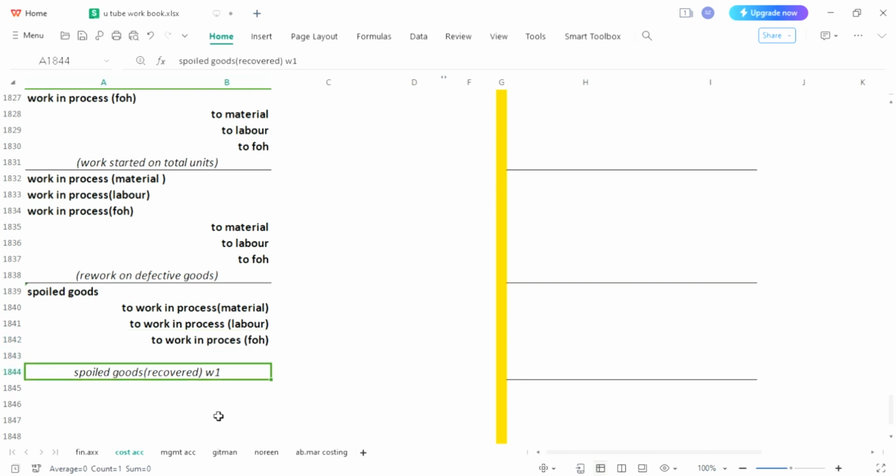In this way we will complete our third entry, and finally the fourth entry would be for finished goods.